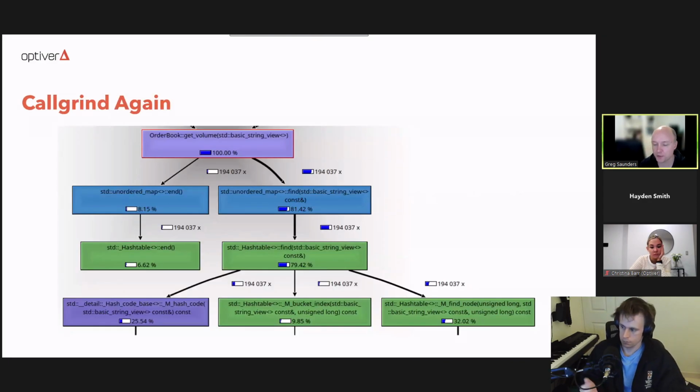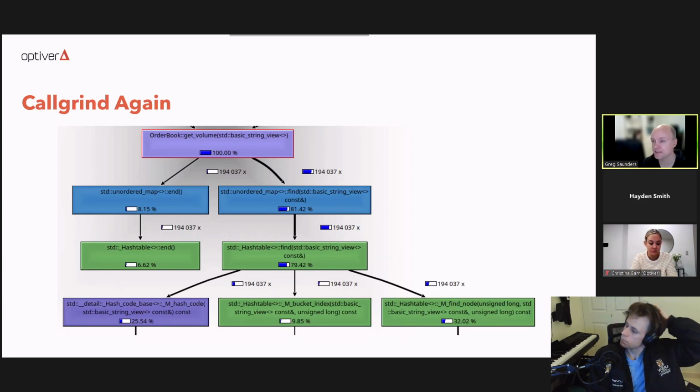Okay, so if you take a look at this call graph, you'll see on the bottom right of the screen, it's taking roughly a third of the time in terms of searching through the nodes in a given bucket. So it's already found the bucket where the node should be, but it then spends about 30% of its time searching through that bucket.